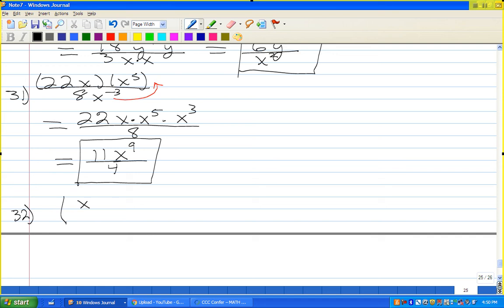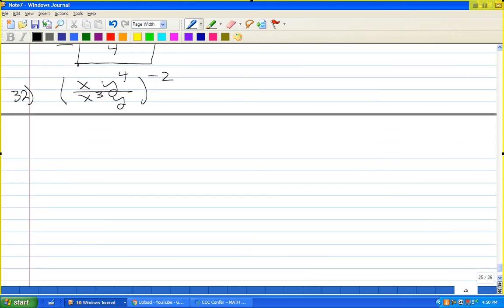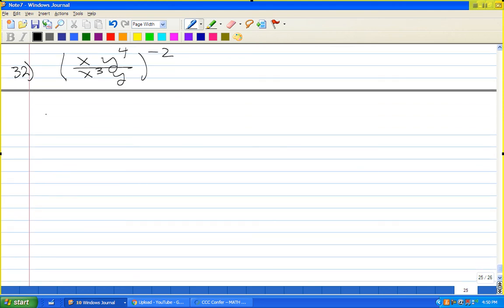x, y to the 4, over x cubed, y, then to the negative 2. Okay, so this is equal to, let's raise everything to the power negative 2. So x to the negative 2. 4 times negative 2 is negative 8. 3 times negative 2 is negative 6.